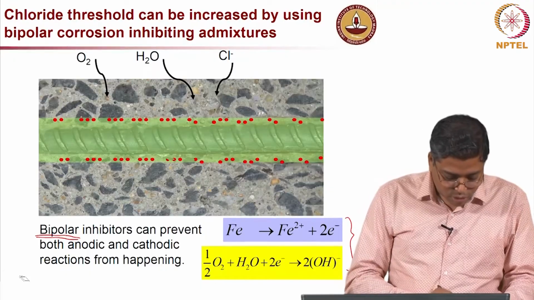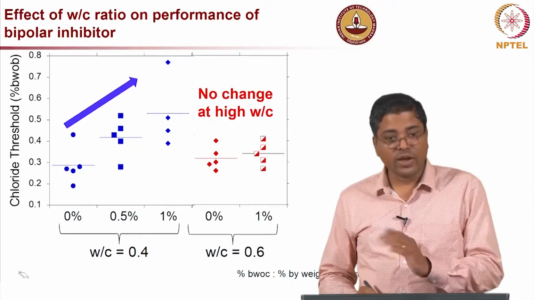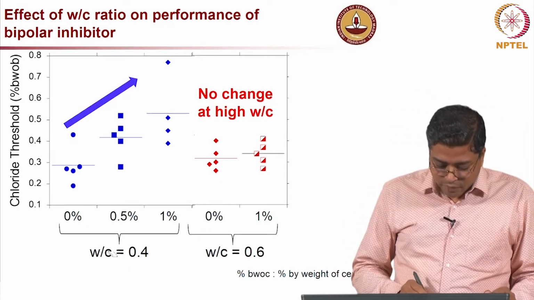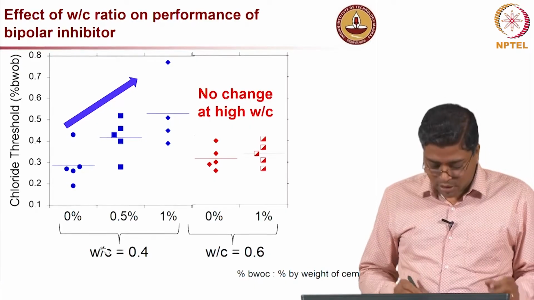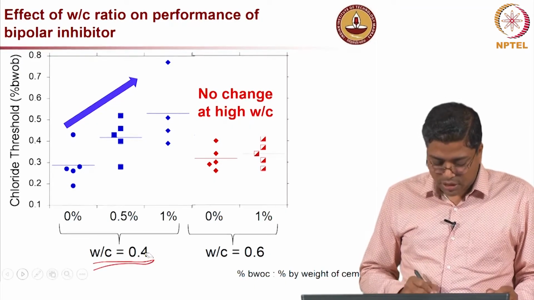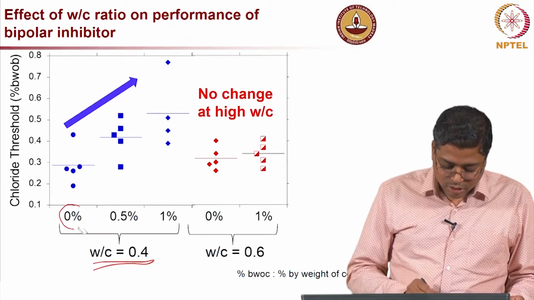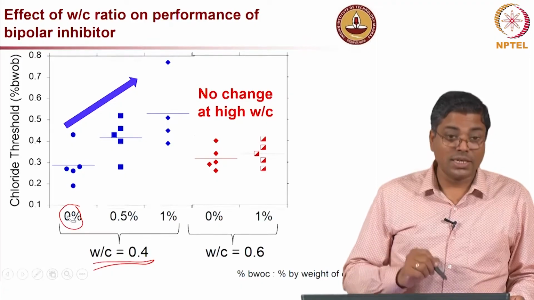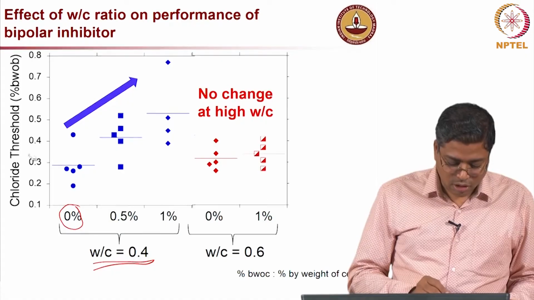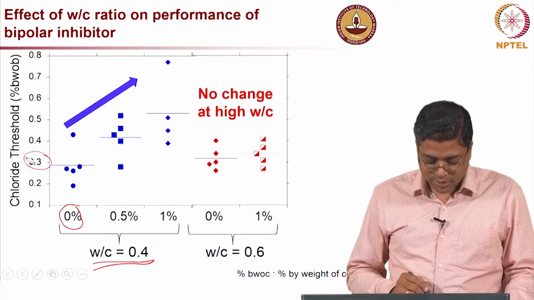And I am going to show you some results from our lab on the effect of corrosion inhibitors on the chloride threshold. First we looked at the effect of water cement ratio also. So, this is 0.4 water cement ratio, and you can very clearly see that when there are no corrosion inhibitors, that is 0 percentage, the chloride threshold is around 0.3, which was the value we observed.